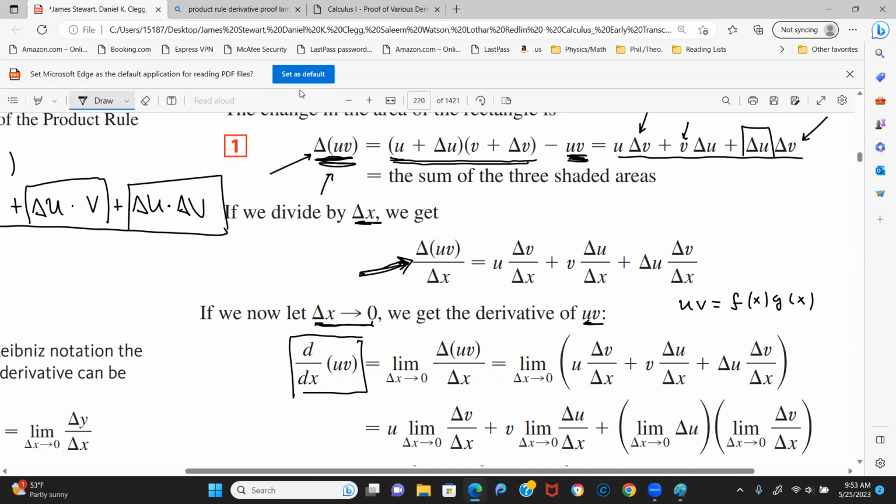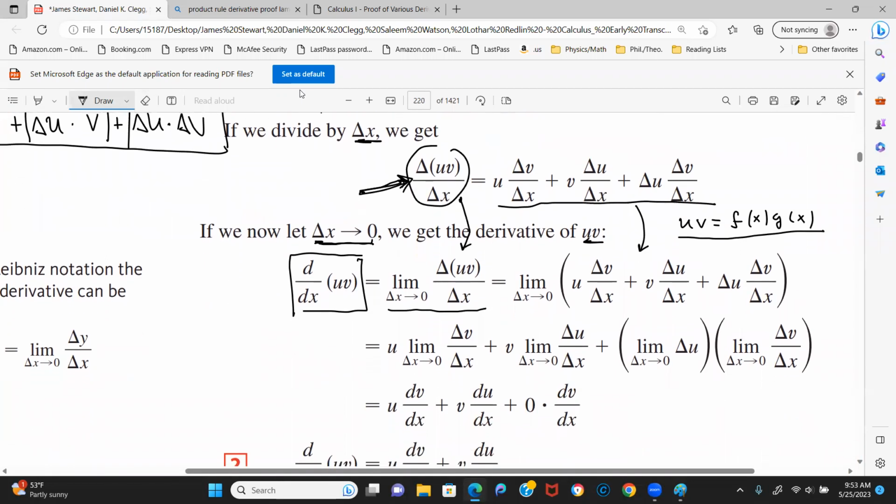So the derivative of u times v, which is this product here of our functions, exactly what we're trying to find, you get the limit of this as delta x goes to zero. But this thing right here, that is this whole thing right here. So put that here, and now we're taking the limit as delta x goes to zero.